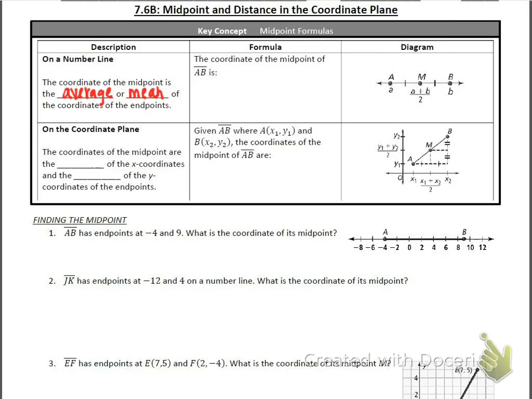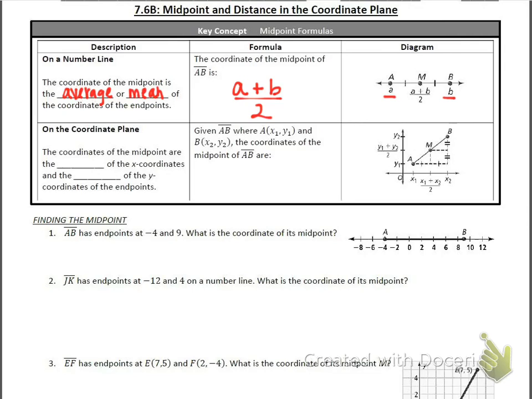So, for example, in the diagram, the coordinates are lowercase a and lowercase b. How do I find the average of those? Add them together and then divide by 2. That's all you're going to do for those types of problems.